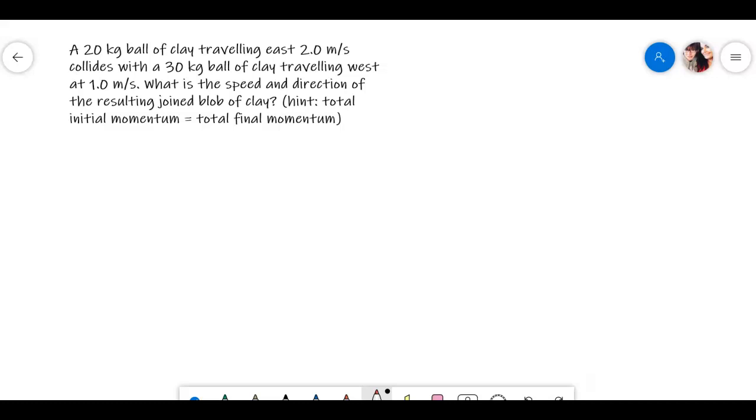And then before the collision, the mass of object 1 is m1, and it's got an initial velocity v1, right? And we'll call these m1 initial, v1 initial.